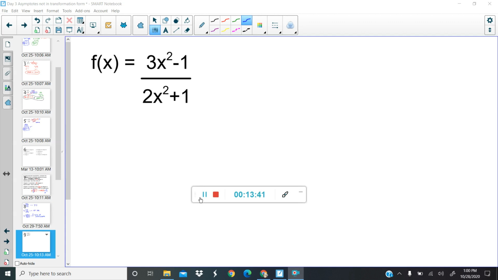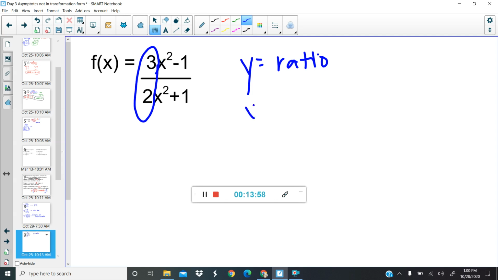So I'm going to use y equals the ratio of the coefficients, which means looking at the two numbers in front of the variable with the highest exponent. So we have y equals 3 over 2 as our horizontal asymptote.